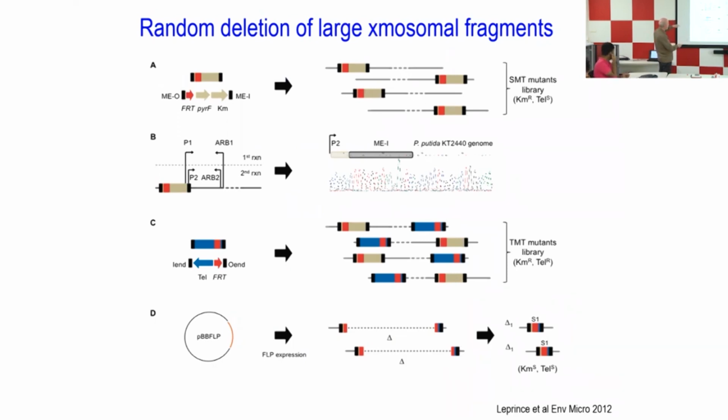However, if you express the site-specific recombinase and you delete the intervening regions, the transposon has been engineered in such a way that this gene PRF will be eliminated as well, and therefore you have a direct selection for the deletion. So this is one of the various tricks that you can use.